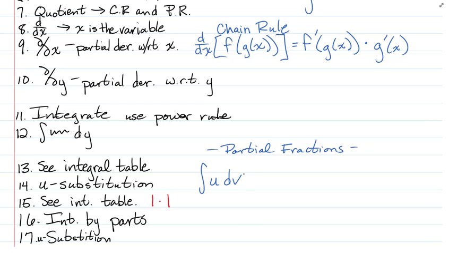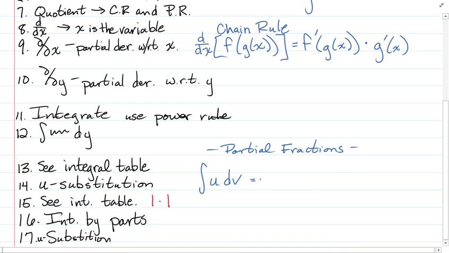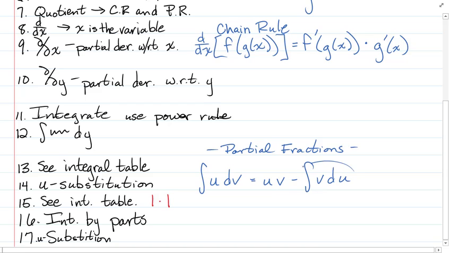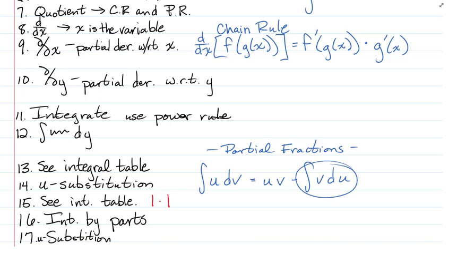You assign something to be u and something to be dv. And then the antiderivative will be uv minus the integral of v du. And so you can break it up like that, and then you're working on this integral right there. So that's the integration by parts formula.